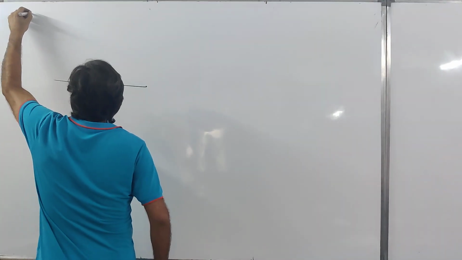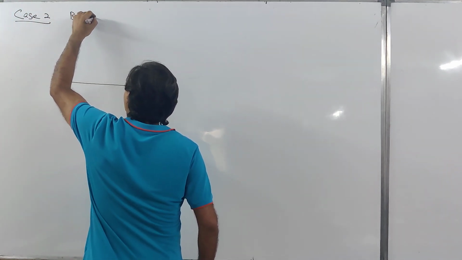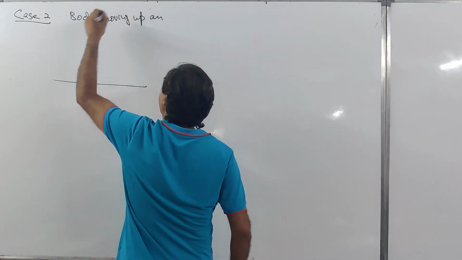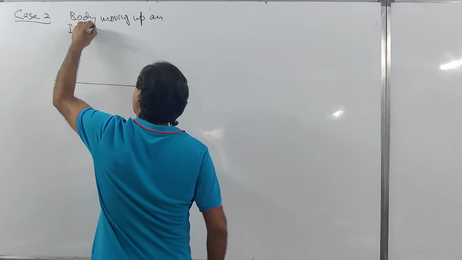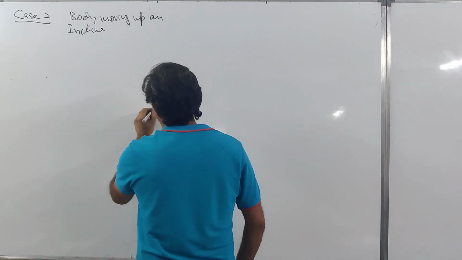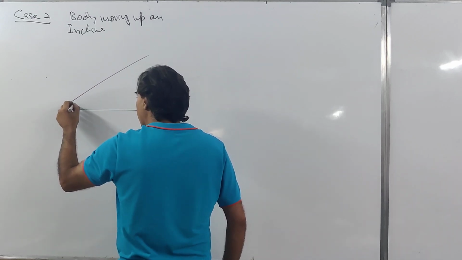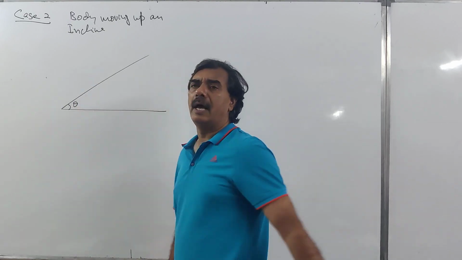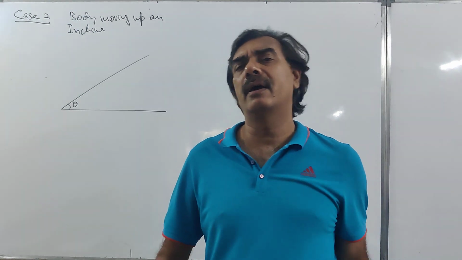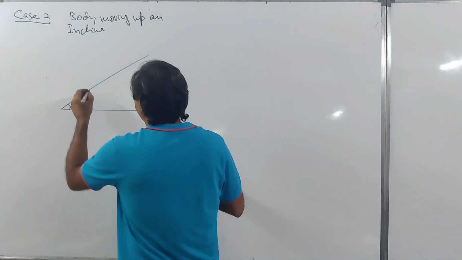Case 2. Body moving up an incline. This is a certain angle, not necessarily the angle of repose, as I have to make the body move up the incline.